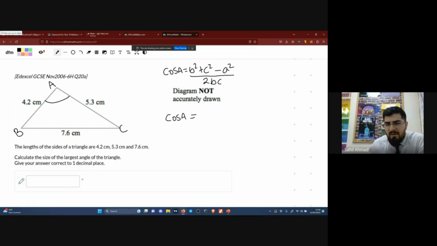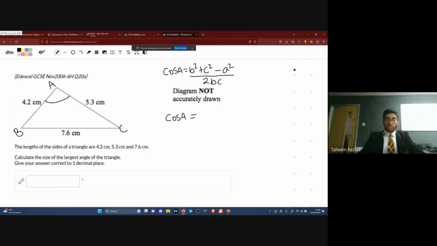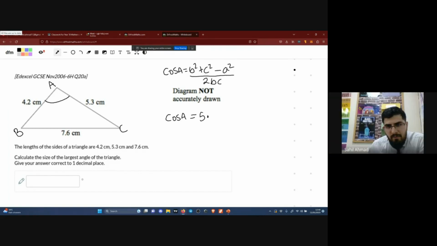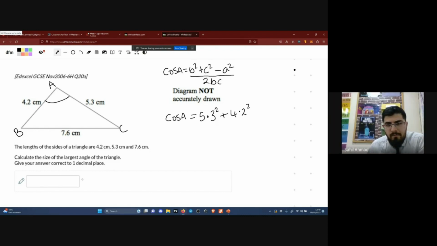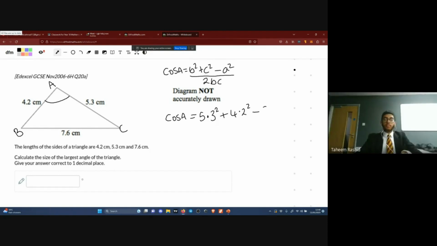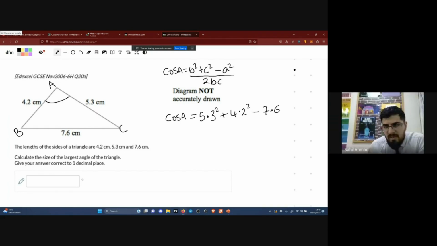Okay, so now let's substitute everything in. Tahim, can you tell me what my substitution will be? So for B squared, it would be 5.3 squared. And then for C squared, it would be 4.2 squared. And then minus A squared, which is minus 7.6 squared.